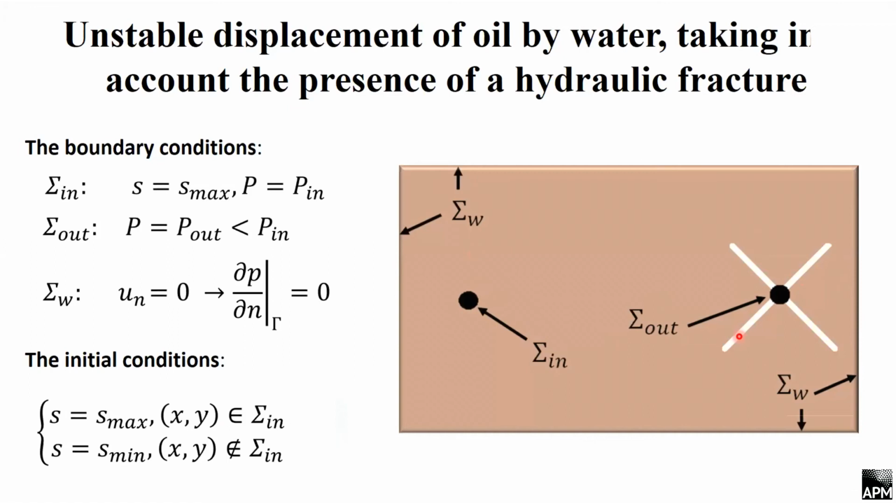Low viscosity fluid such as water is pumped into this well. Oil is displaced due to the pressure drop across the injection and production wells. Oil viscosity is higher than water viscosity. Fractures are considered completely cleaned.